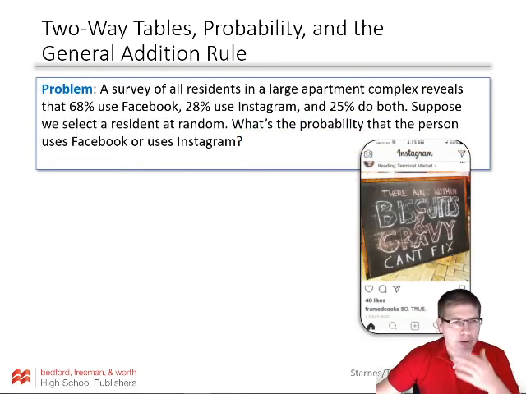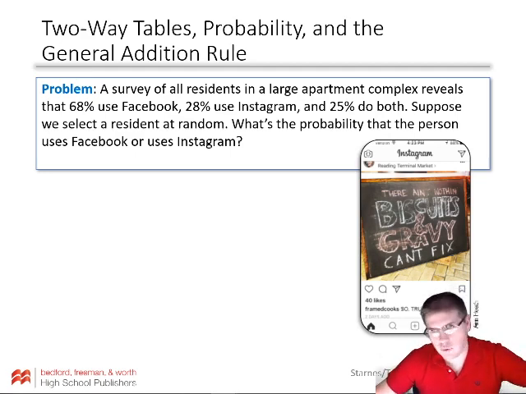An example of this: a survey of all residents in a large apartment complex reveals that 68% use Facebook, 28% use Instagram, and 25% do both. Suppose we select a resident at random. What is the probability that the person uses Facebook or uses Instagram? We could create a two-way table of all this, but we don't have to.